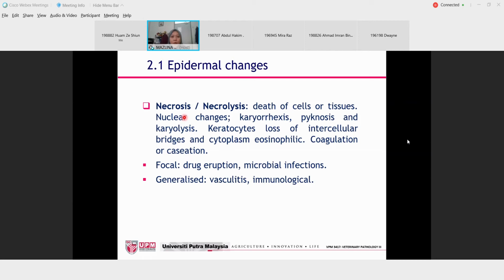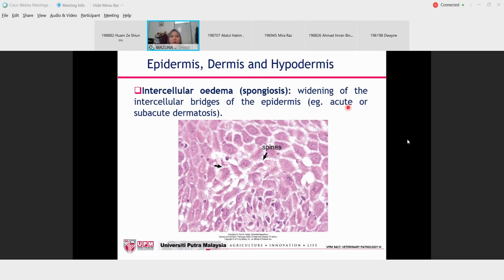Next, we have intercellular edema. As the name implies, intercellular meaning between cells, okay? Another name for intercellular edema is spongiosis. What you would see is widening of the intercellular bridges. Intercellular bridges are the spine-like structures that hold cells together. So in spongiosis there is a bigger gap than in the normal condition.